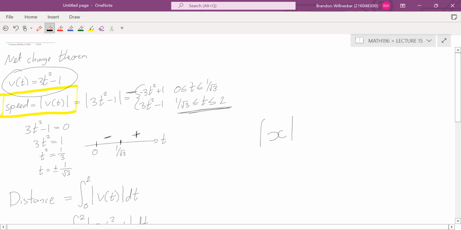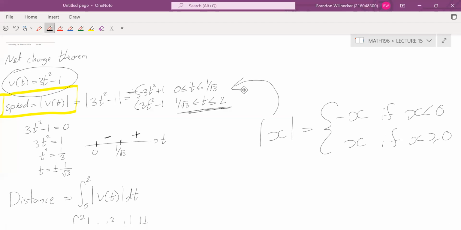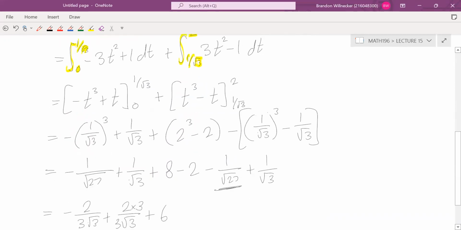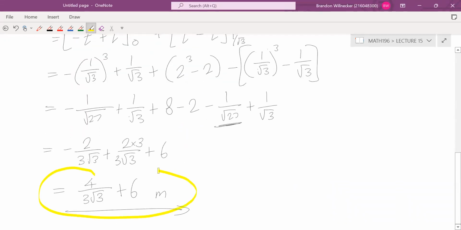Just as a little note, remember absolute value of x is minus x if x is negative, and it's x if x is positive. So that's what we're using here. So the splitting up then goes into the integral. So if we are integrating the absolute value, then this gets split up as well. So we have the first part and we have the second part. And then we just evaluate the two integrals, add it together, and then we get our final answer. And don't forget your units.